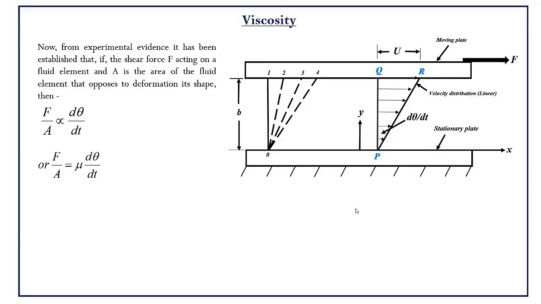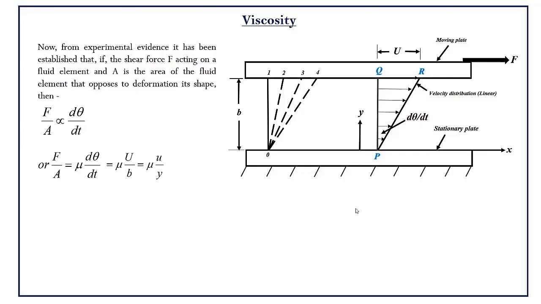Also, mu is called dynamic viscosity because in the above expression the force term is included. Therefore, we can write F by A is equal to mu into d theta by dt is equal to mu into U by B is equal to mu into u by y from equation number 1.